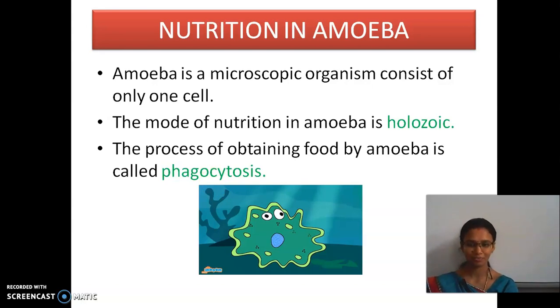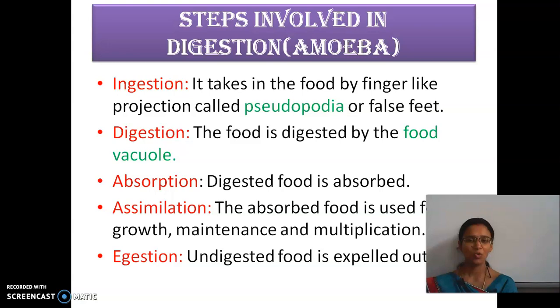Phagocytosis. Okay. Then, as in human beings, this amoeba also has different steps involved in the digestion process. They are ingestion, digestion, absorption, assimilation and then egestion, right? Ingestion in human beings is done by the mouth.